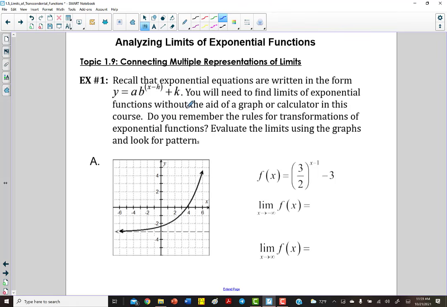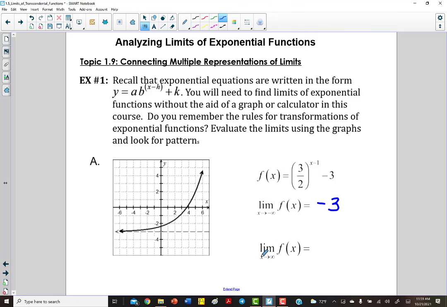So we're looking at exponential functions that are written in this format: a times b to the x minus h power plus k. And we want to use the graph to evaluate the limits. In this case, we see that the limit heading to negative infinity is going to our horizontal asymptote, and that's the k value, which is -3.